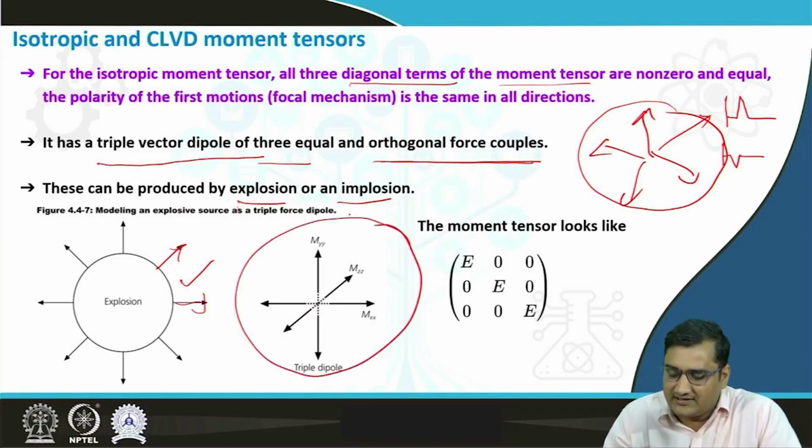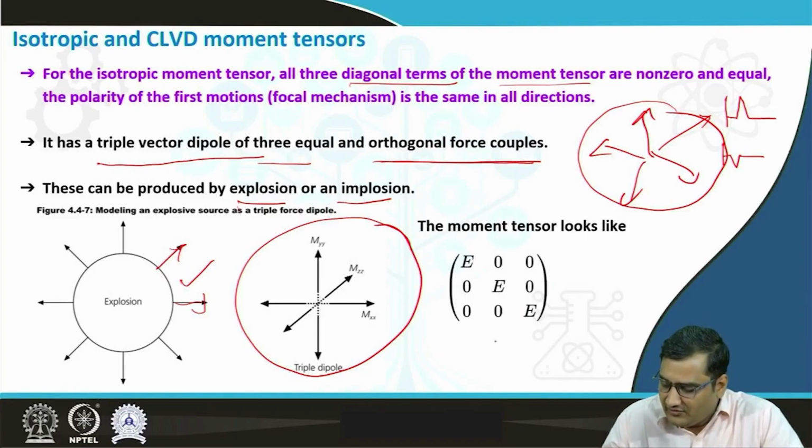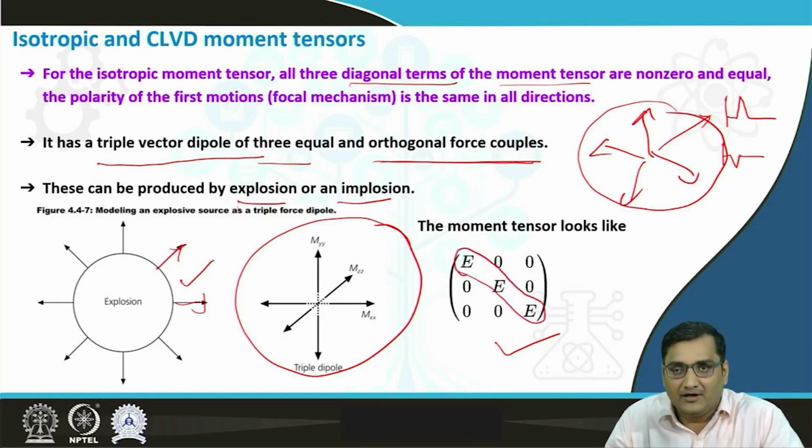You can see these are the three dipole systems, and the moment tensor will look something like this. You can see the diagonal elements here. All are non-zero and all are equal, because they are positive, which indicates that the forces are going in the outward direction like this.